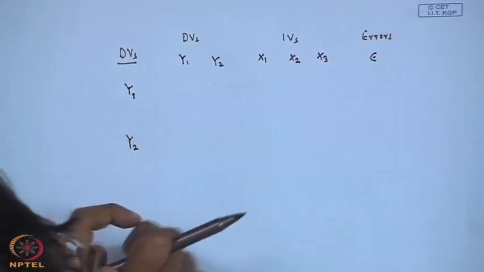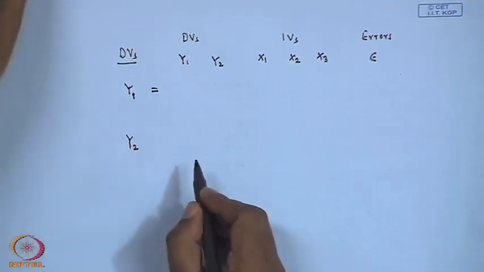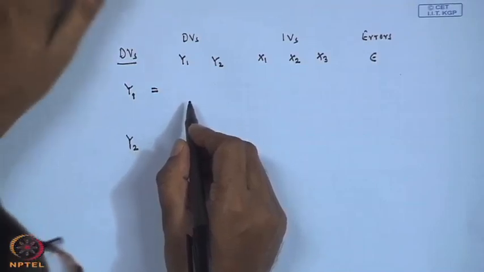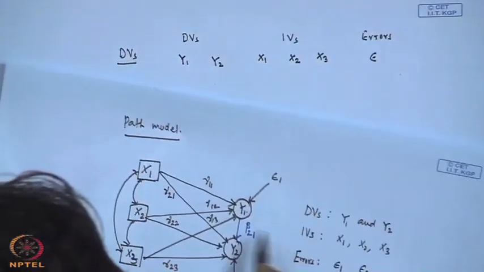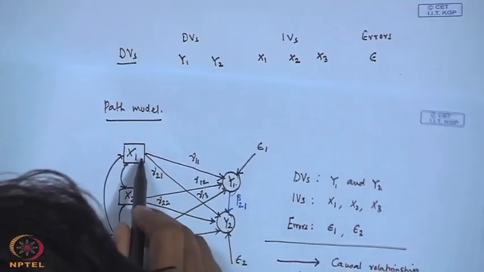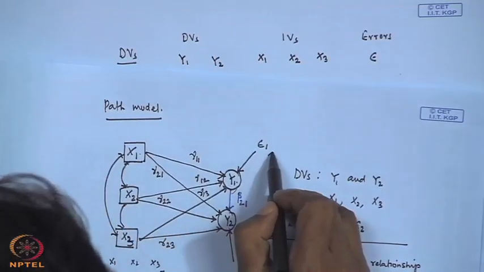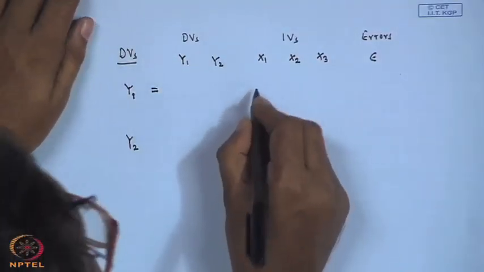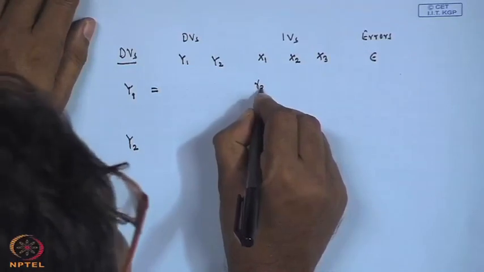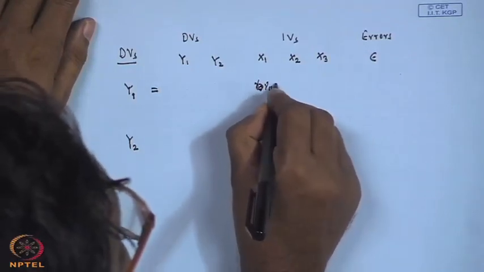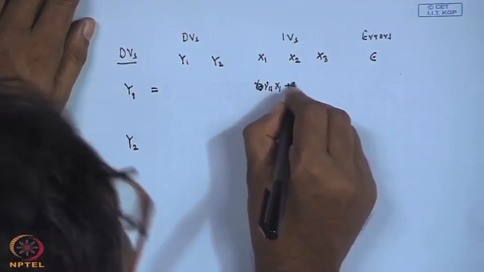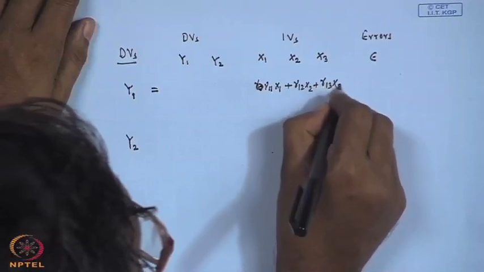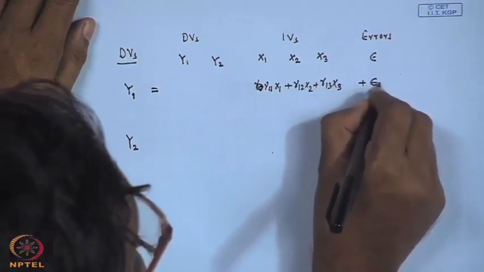So, the equations will be like this: y1 is not dependent on y1 again. Similarly, y1 is dependent on x1, x2 and x3 and this error term, not y2. So nothing will be written here, it will be straightaway gamma 1 1 x1 plus gamma 1 2 x2 plus gamma 1 3 x3 plus epsilon 1.